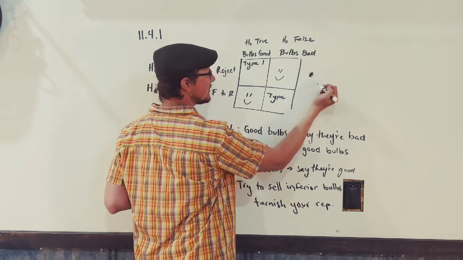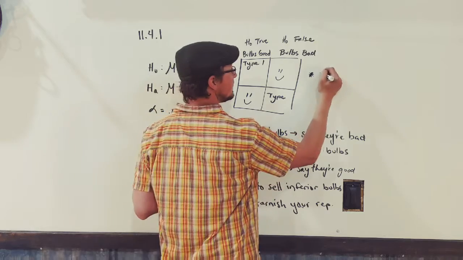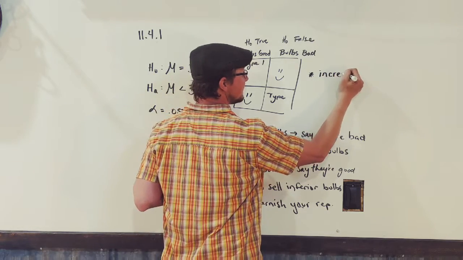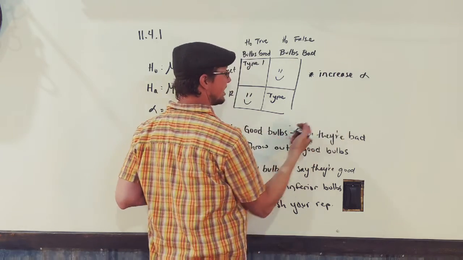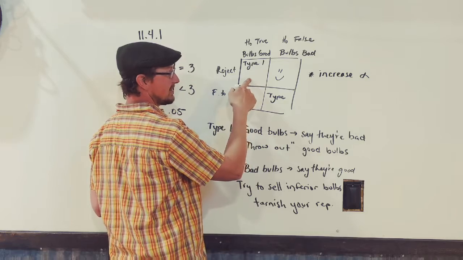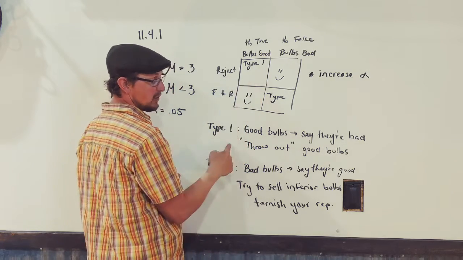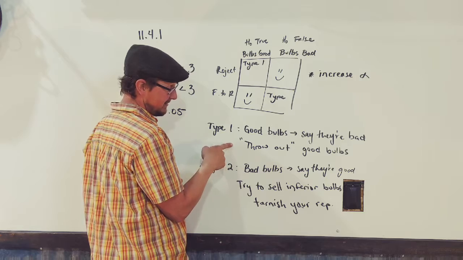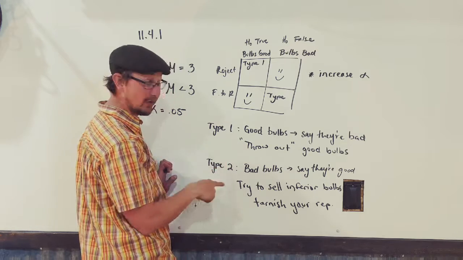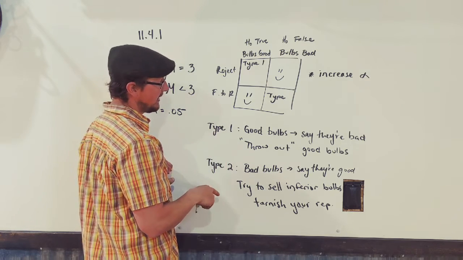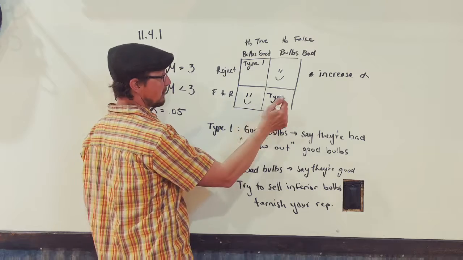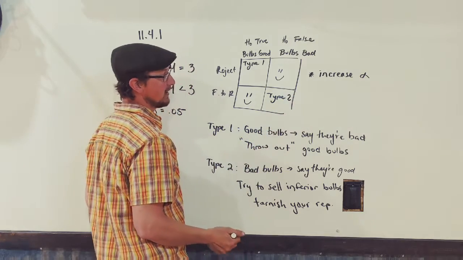Increase power through increasing alpha. So as I increase the probability of a type 1 error, which we said is the better of the 2 bad choices, then that reduces the probability of a type 2 error.